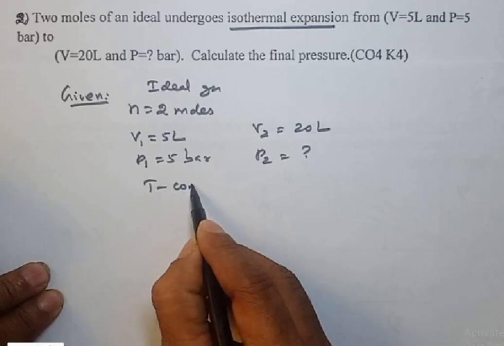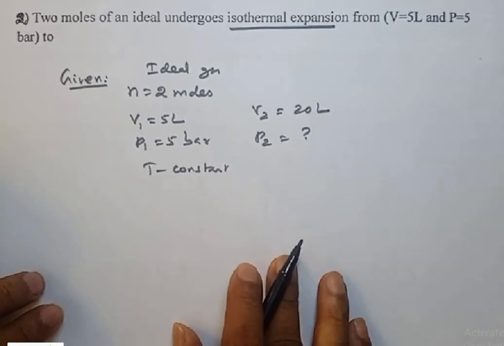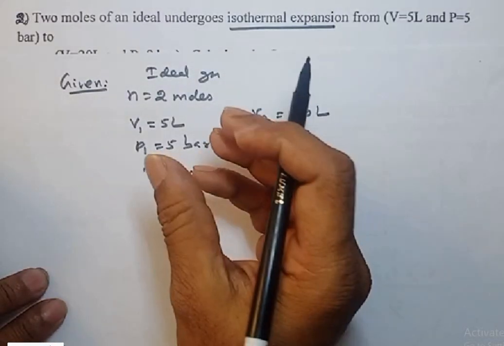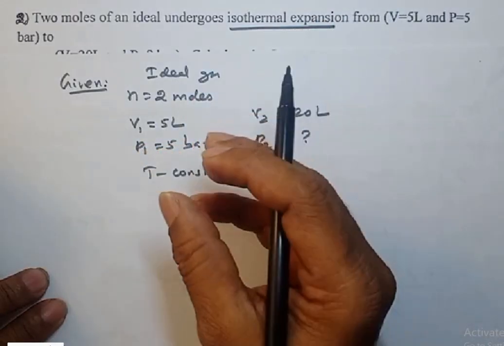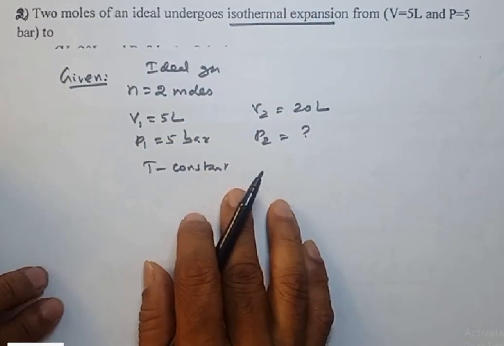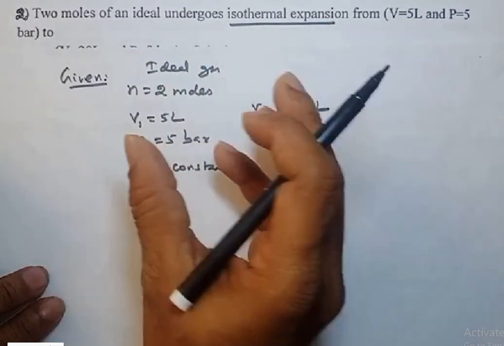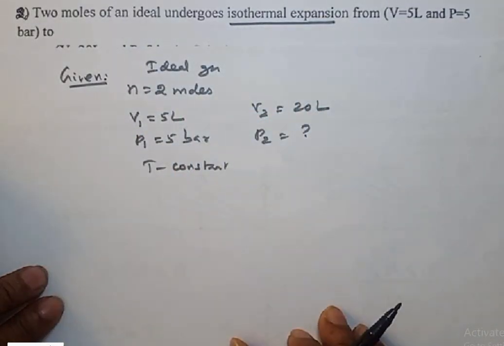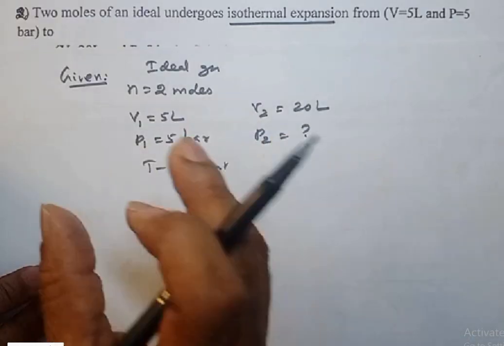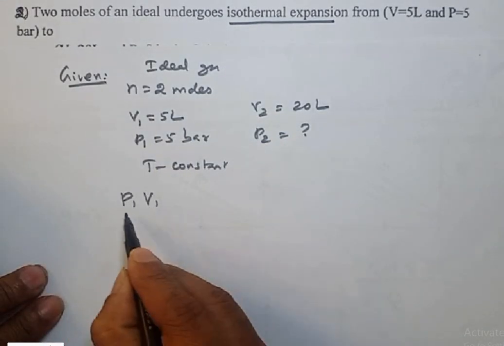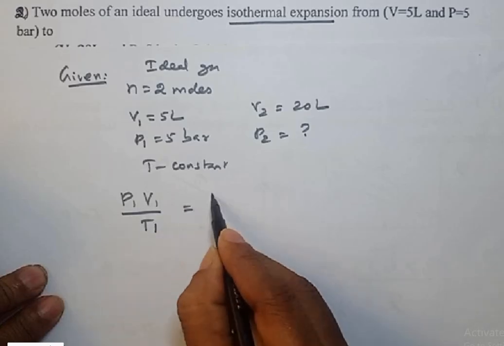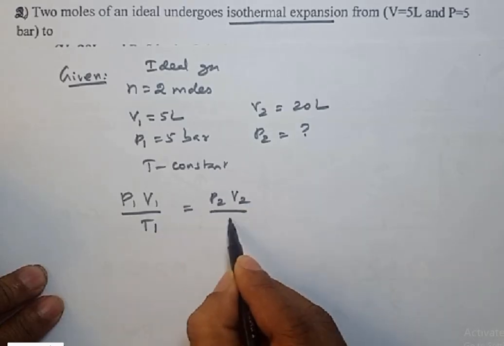Here, temperature is constant. Listen, when an ideal gas undergoes expansion or compression, the state is changing, right? How to compare 2 states of the same amount of ideal gas? Yes, we have this equation P1 V1 by T1 is equal to P2 V2 by T2.